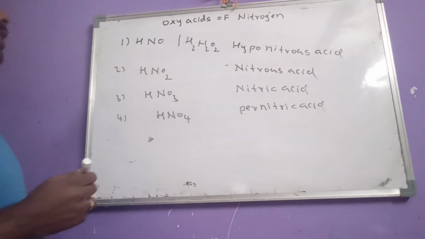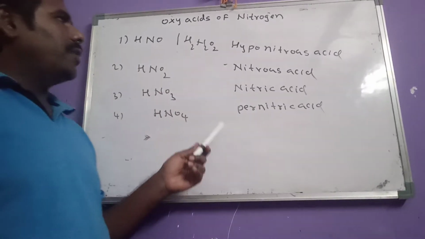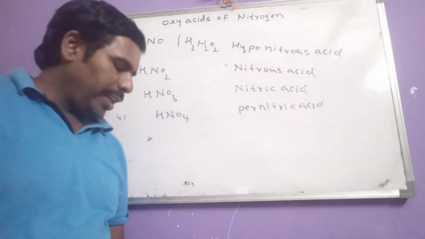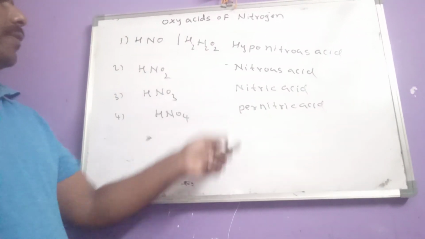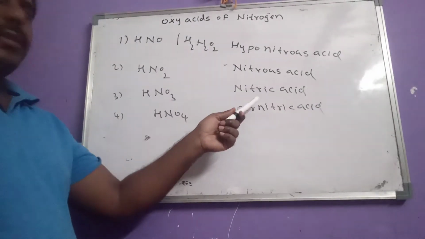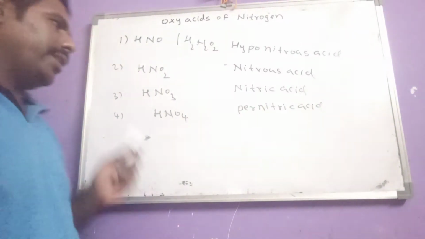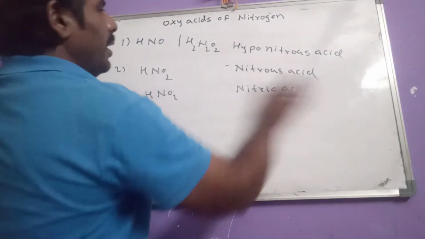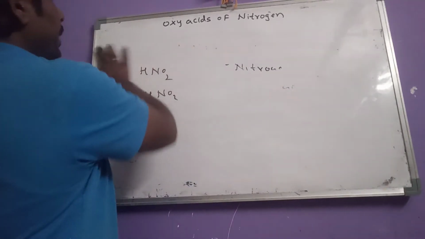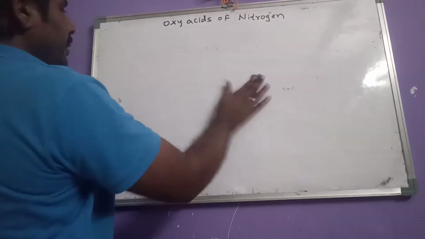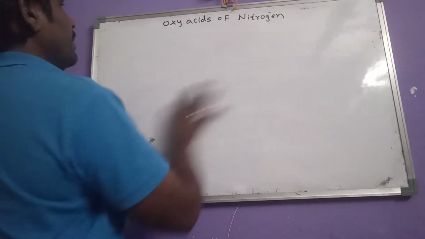So these are the oxyacids of nitrogen, and among all of them nitric acid is important for our discussion here. So now let us see preparation and properties of nitric acid.